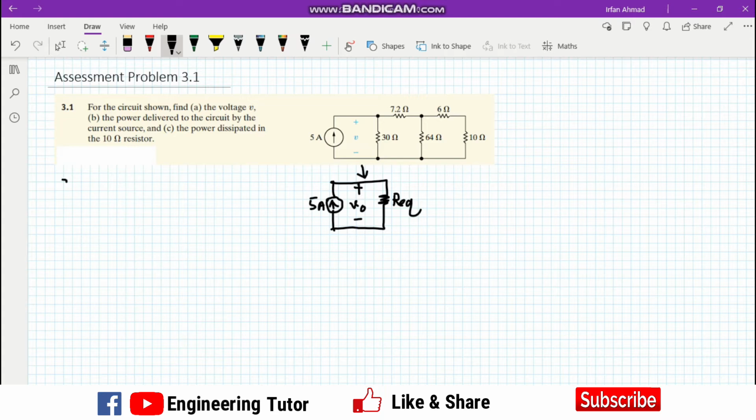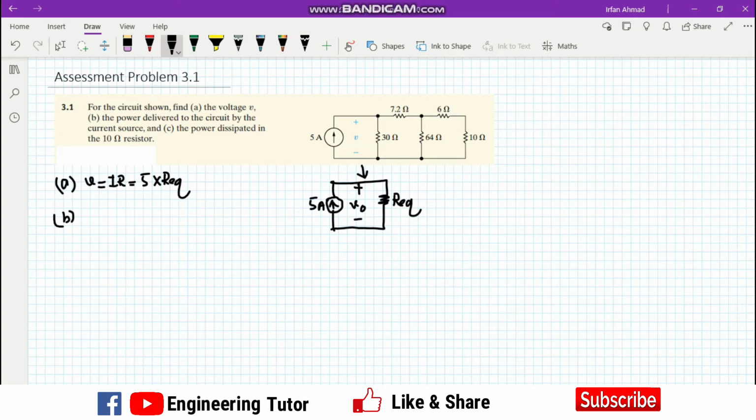Okay, so in part A, the voltage V will be equal to I into R. This I is given, which is 5, but the value of R is not given. Similarly, for part B, the power delivered to the circuit by the current source.